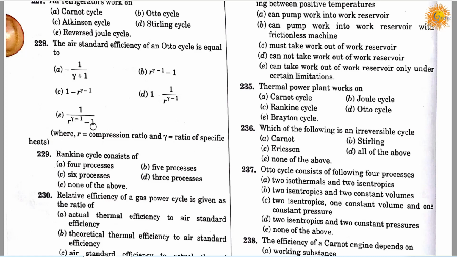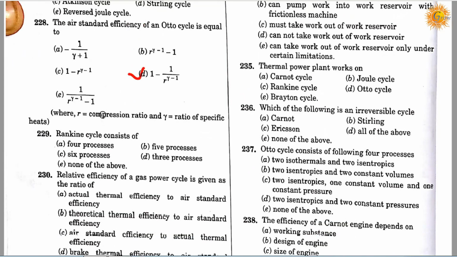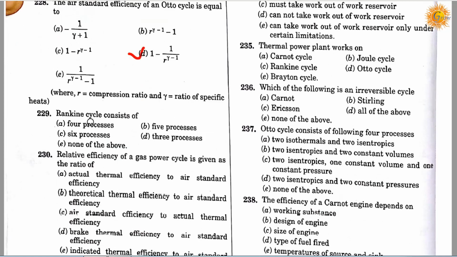The correct answer is D, where r is the compression ratio and gamma is the ratio of specific heats.